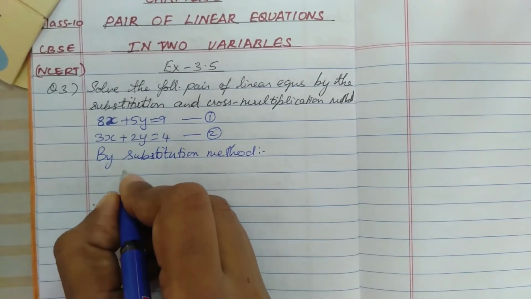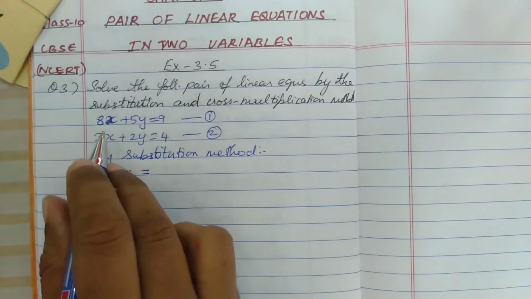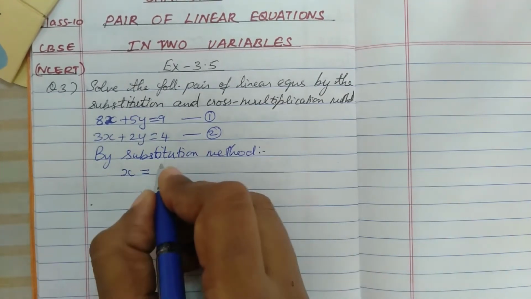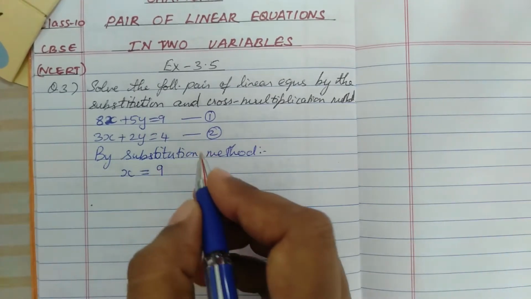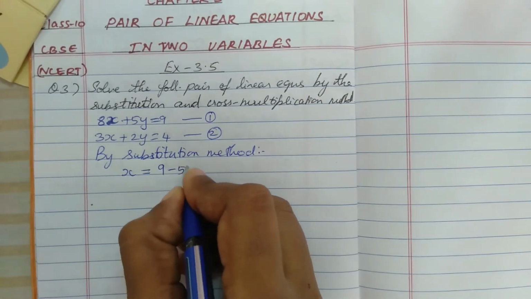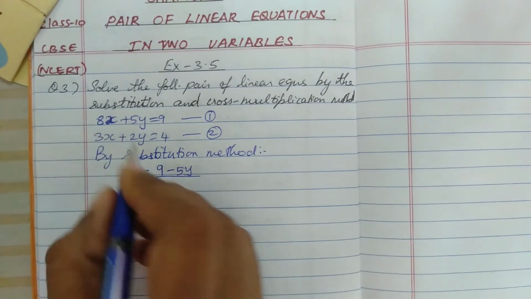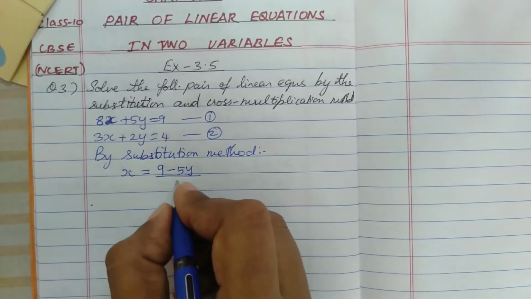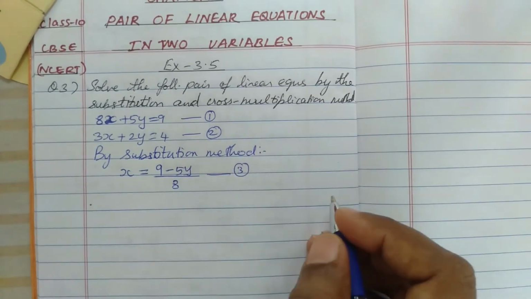Your x will be on the left hand side and you move all other terms to the right hand side. On the right hand side 9 is already there, then you move your 5y to the right hand side, so it becomes minus 5y, and then divided by 8, because 8 is a multiple, so when it moves to the right hand side it becomes a divisor. This will be your third equation.